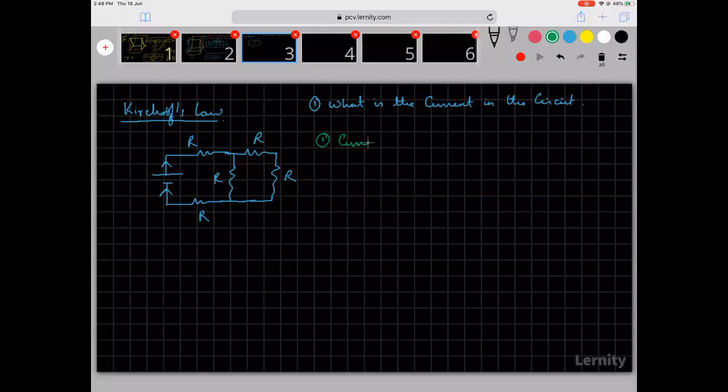Let me make a note of that. Current leaves a positive terminal and enters the negative terminal.